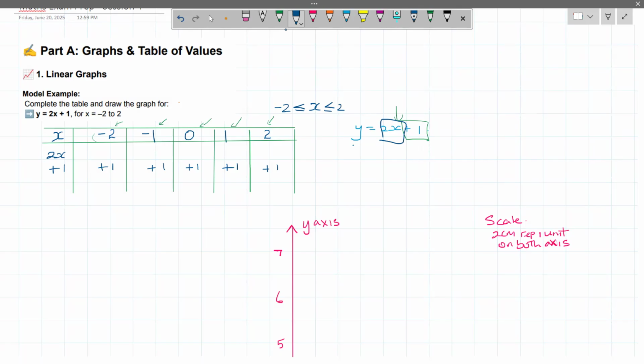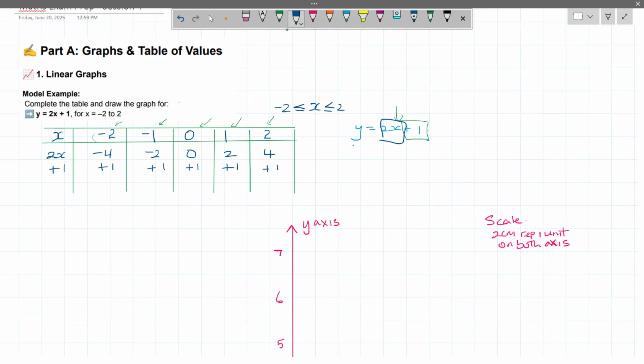So 2 by negative 2, what will we get? We'll get minus 4. What about when we say 2 by negative 1? We will get negative 2. What about 2 by 0? We will get 0. Anything by 0 is 0. 2 by 1 will give us 2, and 2 by 2 will give us 4.